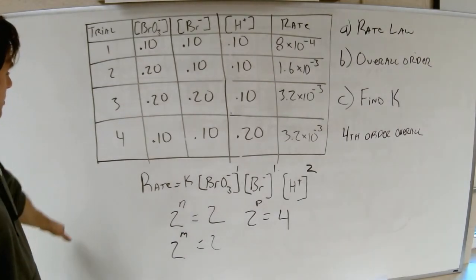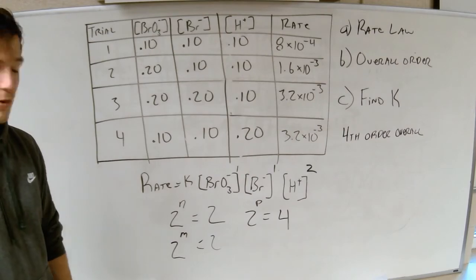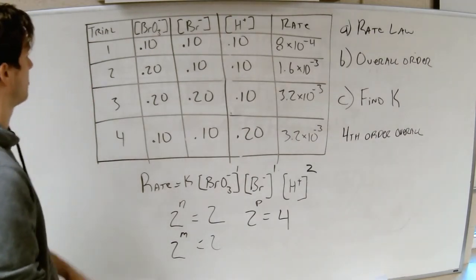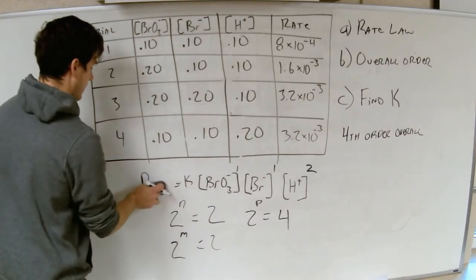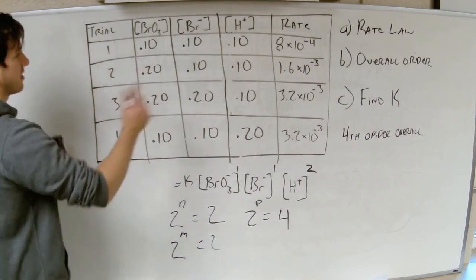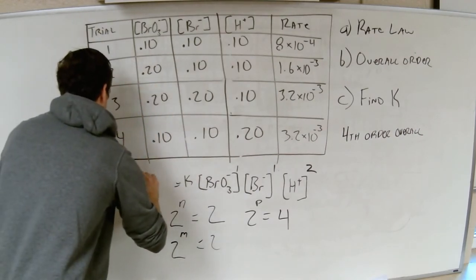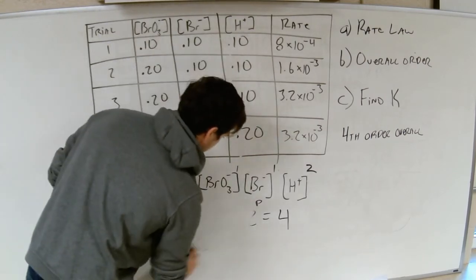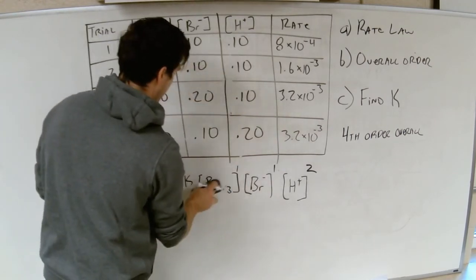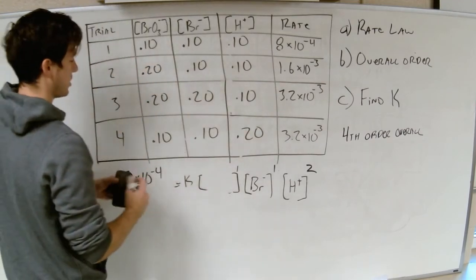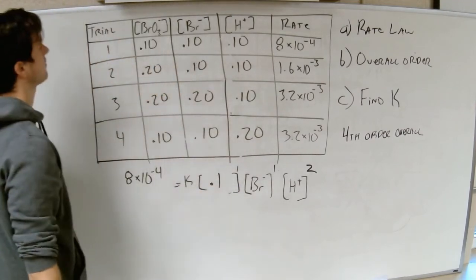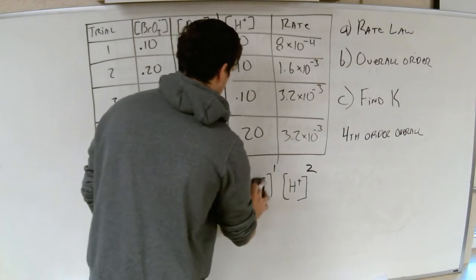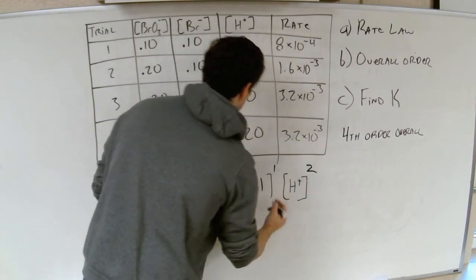So let's go ahead and just plug in what we know for the rate law down here. Let's use trial 1. How about it? We got a rate of 8 times 10 to the negative 4. We got a bromate concentration of 0.1. We got a bromine concentration of 0.1.